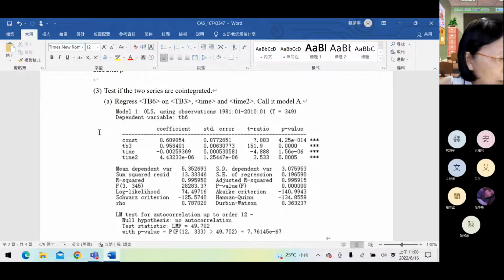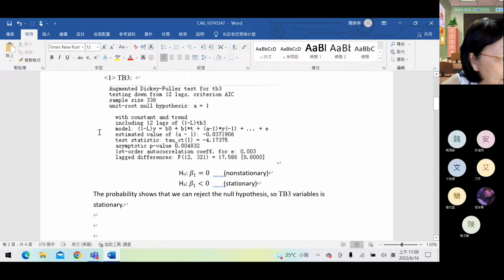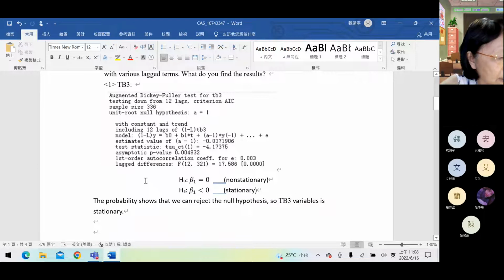Oh, okay. So I'd like to say that for this part, if we use different lags, they may give different results. For example, for TB3, if I use lags of 2, 3, 6, 7, 10, they are non-stationary.